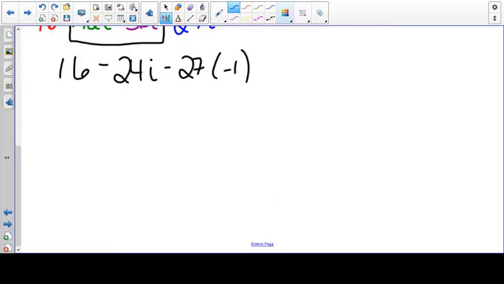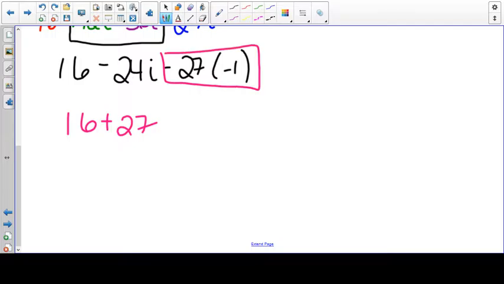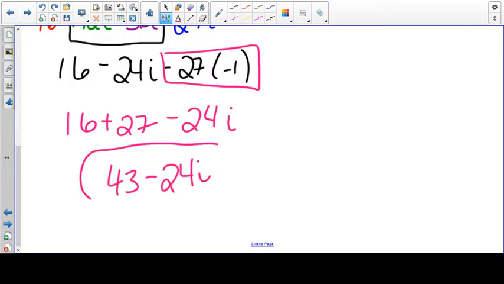Which means now that I have 16 plus 27, because -27 times -1 will turn positive, minus 24i. So 16 plus 27 gives me 43 minus 24i.